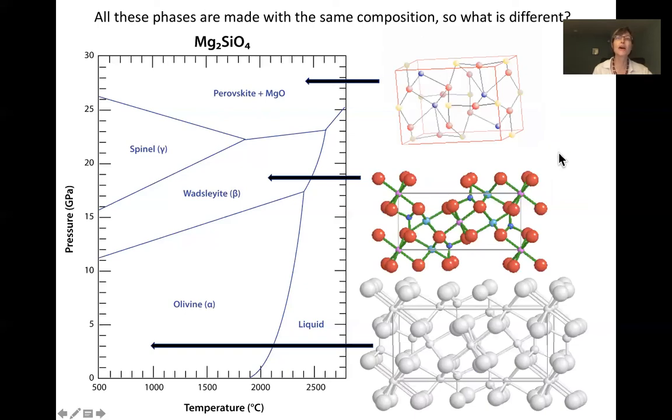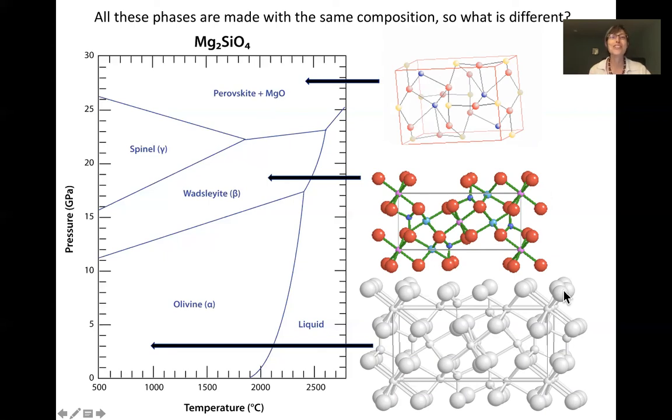Okay, so here I'm showing that these are all phases made with the same composition if we add the periclase and the perovskite together. So what is different about all of these minerals? Well, I've added the representation of olivine's crystal structure, ball and stick diagram.